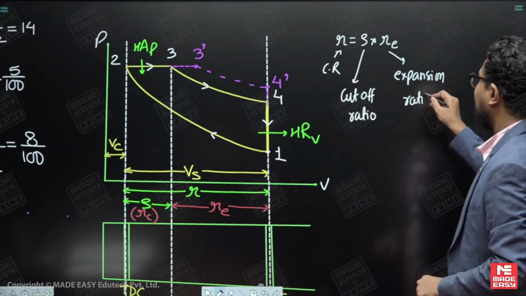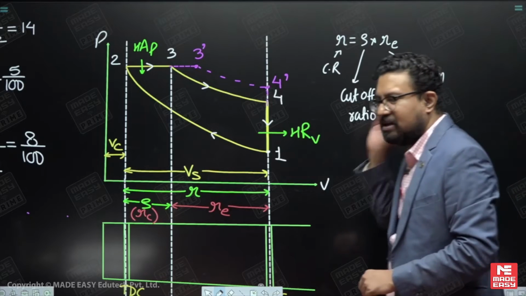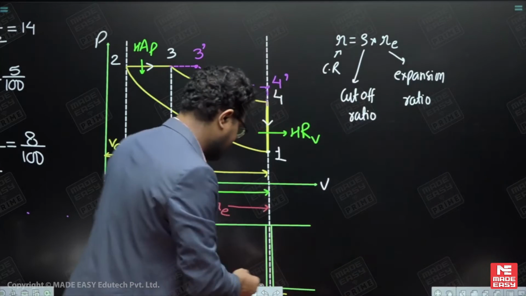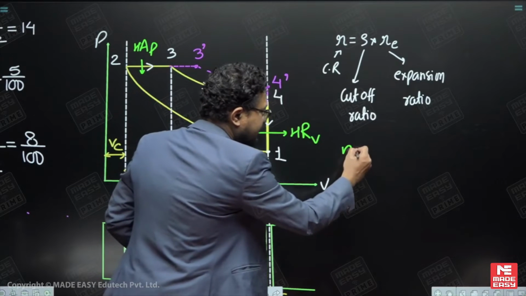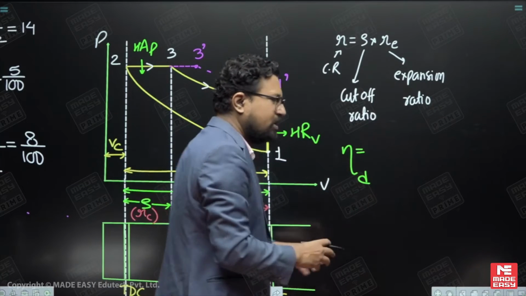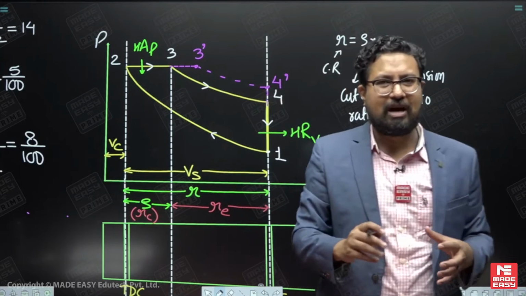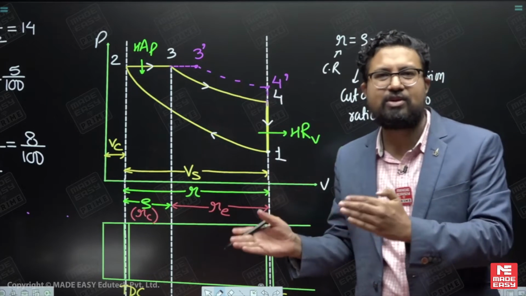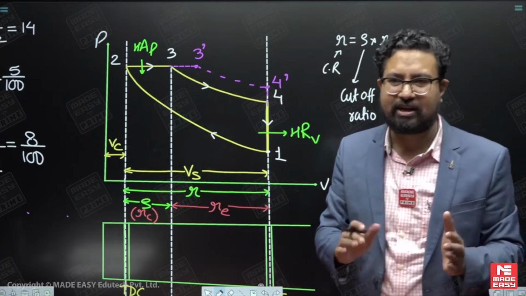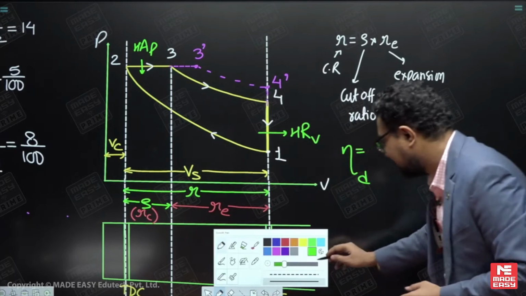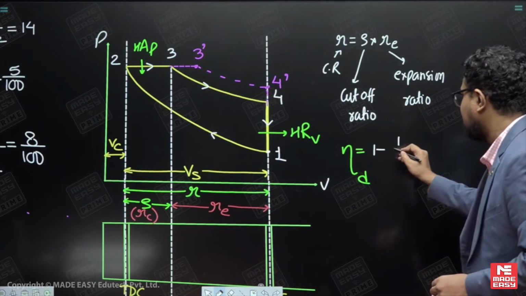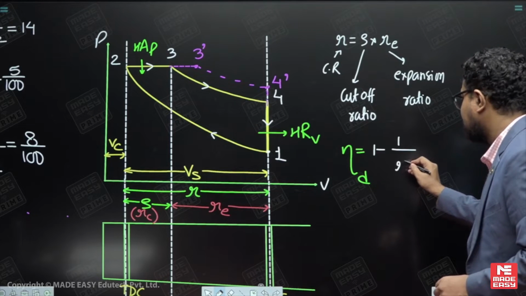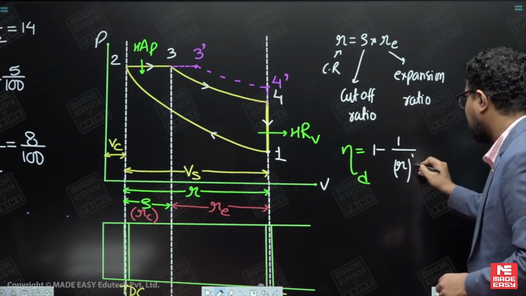And then we will have the diesel cycle efficiency. We can write the diesel cycle efficiency eta, and this expression will be equal to, there are terms of the Otto cycle efficiency that are common here. So first let me write those terms which are common with the Otto cycle efficiency. So 1 minus 1 upon R, R being the compression ratio, whole to the power gamma minus 1.